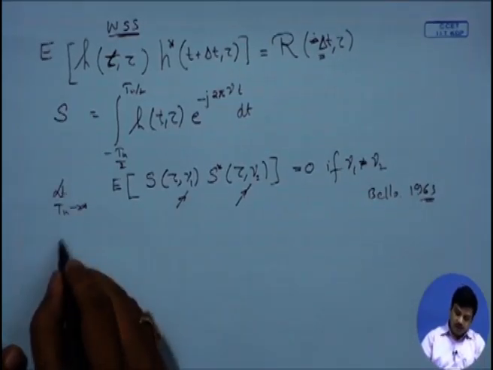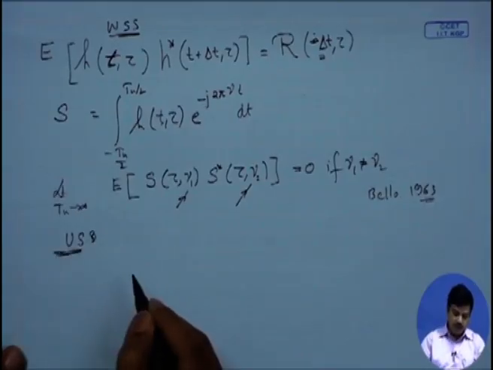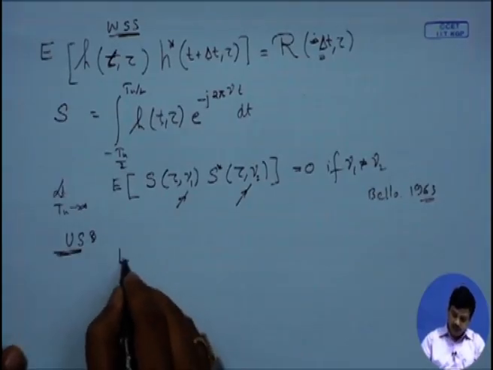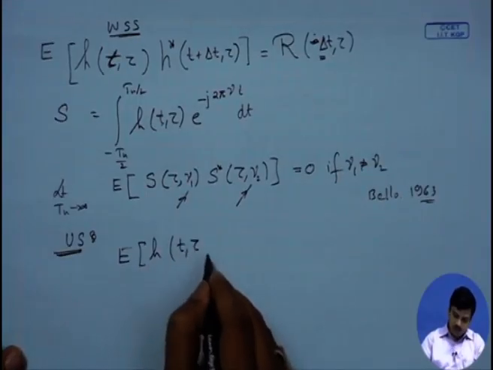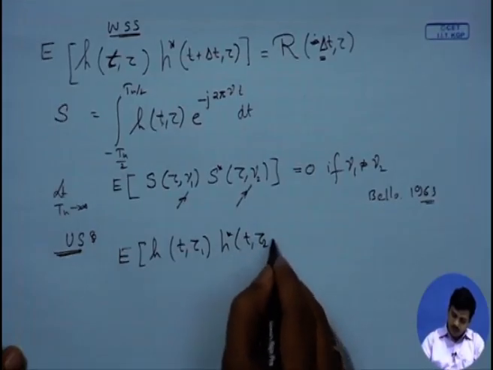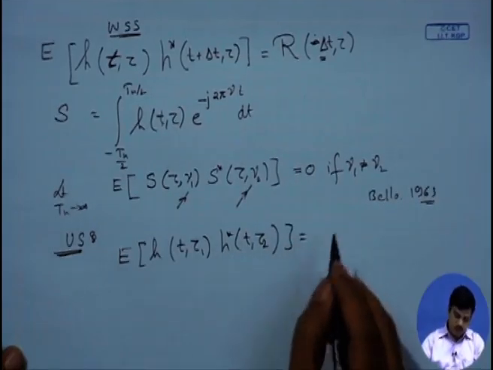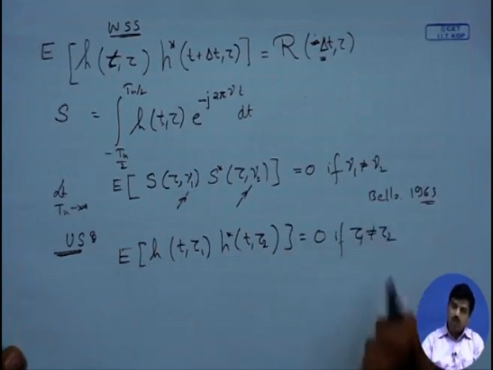Along with that, there is also uncorrelated scattering, US, which says that the expectation of h of t comma tau 1 times h of t comma tau 2 is equal to 0 if tau 1 is not equal to tau 2.